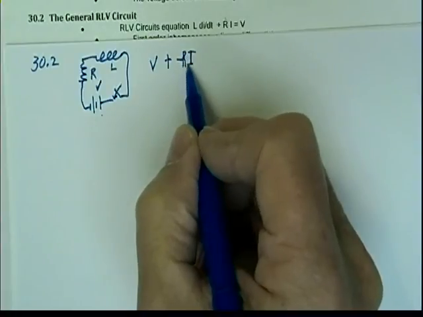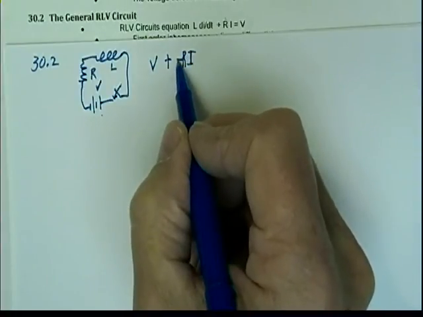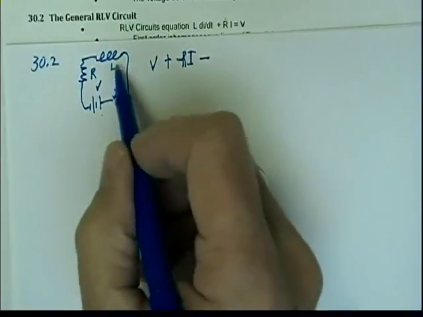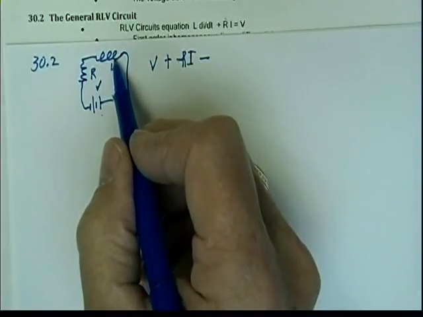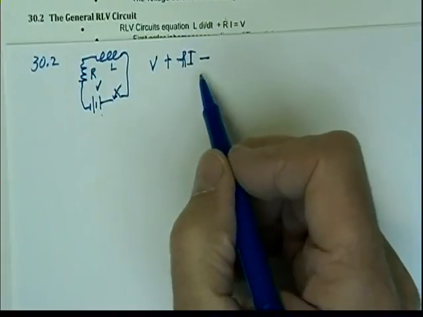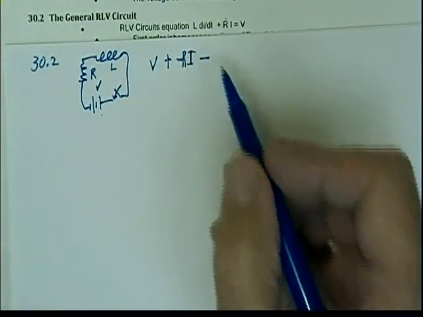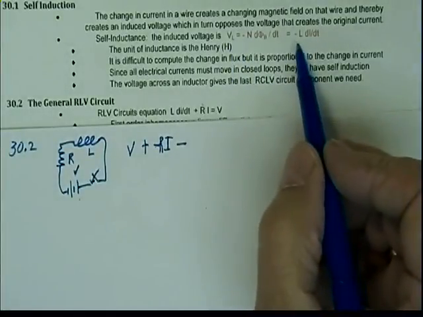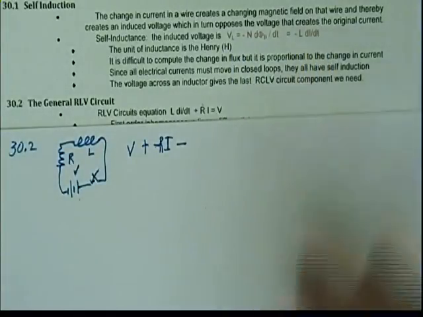Remember, the voltage across a resistor is R times I, but it's going to be in opposition because they're going to oppose the battery, minus the voltage that's across an inductor. Well, we've just learned from our last section, 30.1, that the voltage across an inductor is L di/dt.